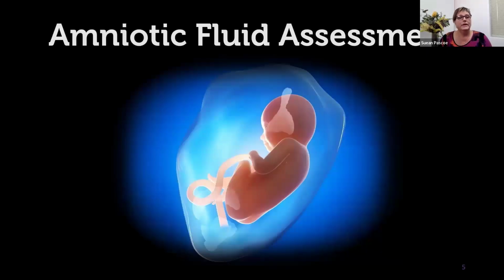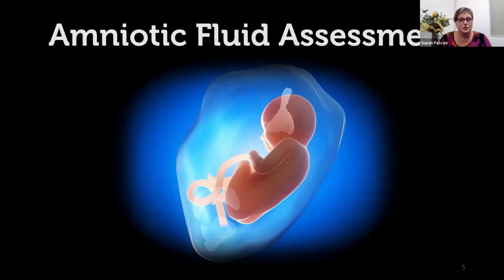The next thing that we can assess very quickly and easily, and it doesn't require too much fine detailed probe movements, is to assess the amniotic fluid index. So the amniotic fluid index is a semi-quantitative assessment of the amniotic fluid volume in the uterus.